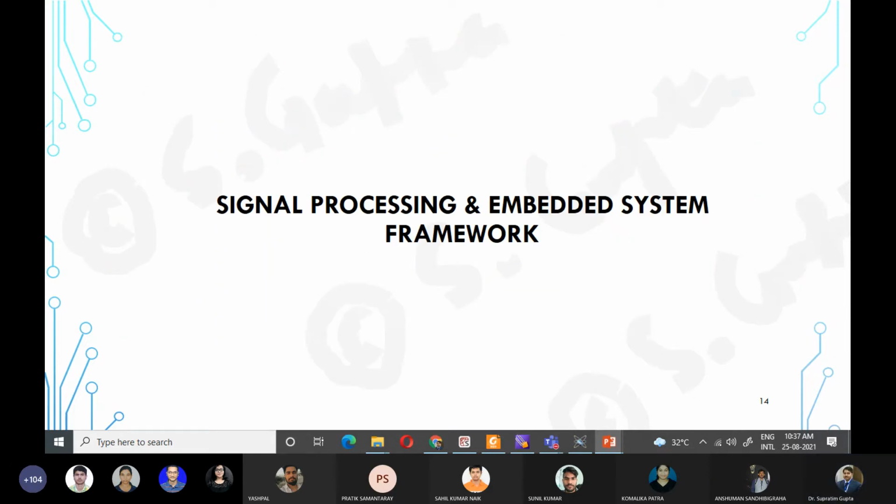We will see how the signal processing and embedded system framework works and what things we need to focus on. Not everything I am talking about will be covered here, but we will possibly go through all of it during these four years of engineering, with different subjects.